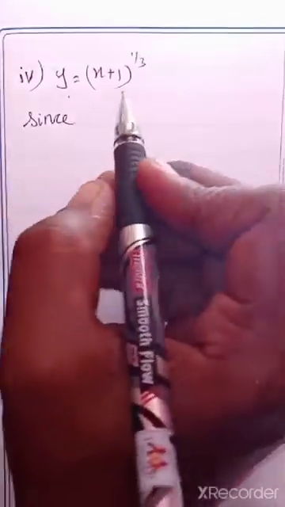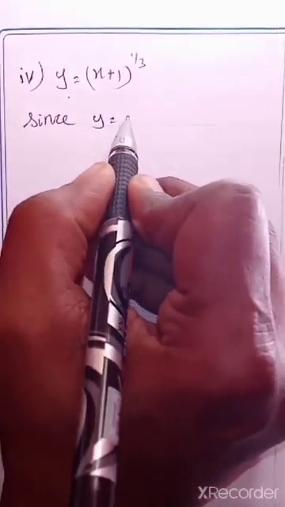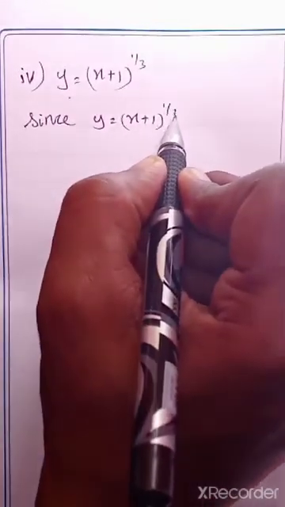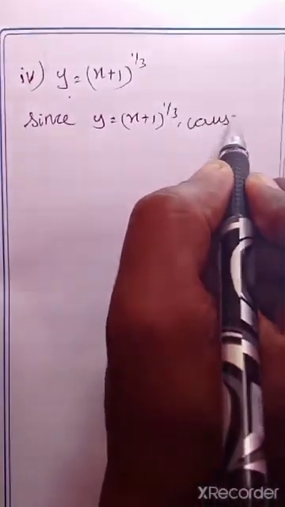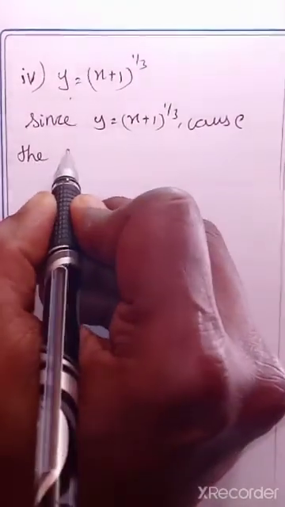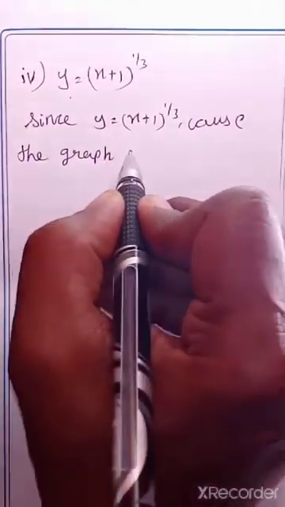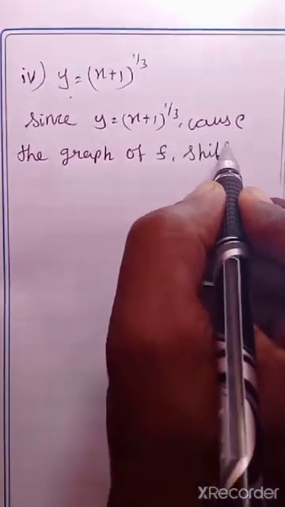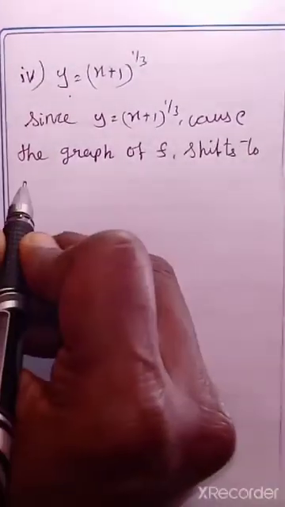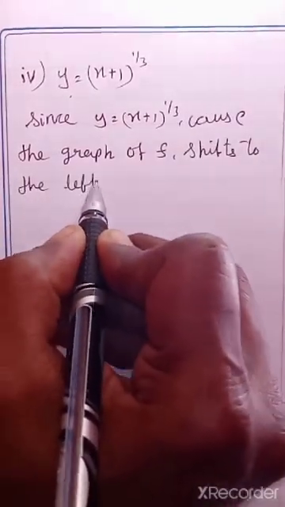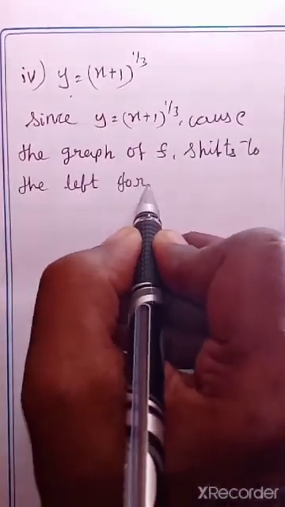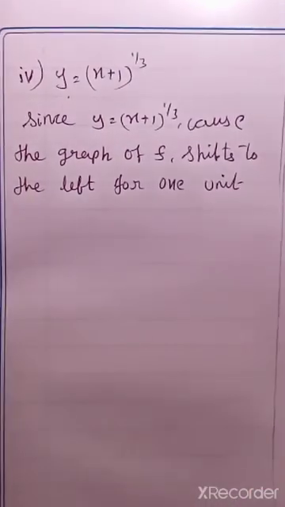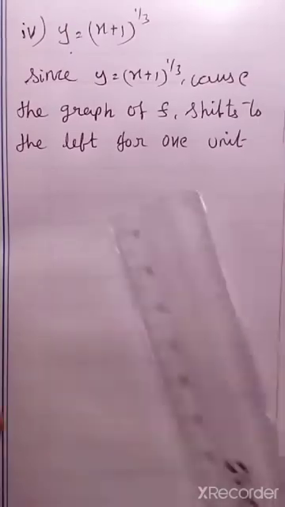Since y equals x plus 1 whole power 1 by 3, the graph of f shifts to the left for 1 unit. So we have to move left, right? We have to move left for 1 unit.